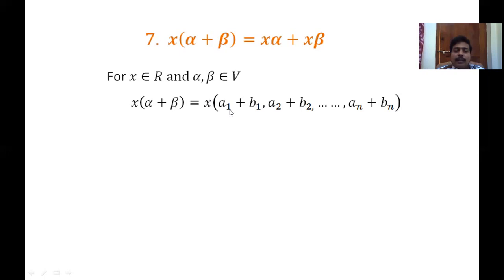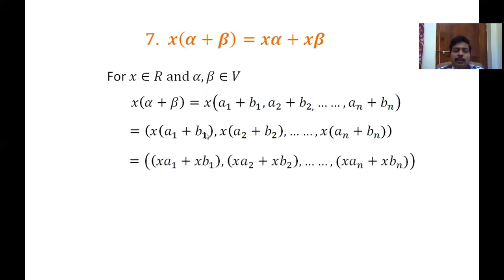That is (a1 plus b1, a2 plus b2, and so on, an plus bn). So by the definition of scalar multiplication, x is to be multiplied with each of these components, component-wise multiplication. So x times (a1 plus b1), this is the first component, x times (a2 plus b2), and so on, x times (an plus bn).